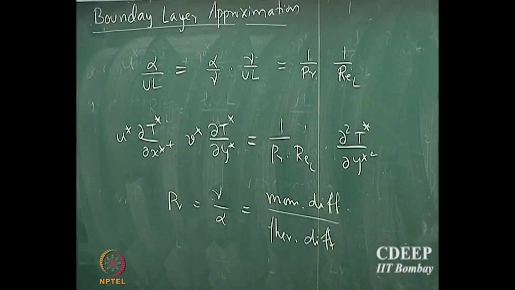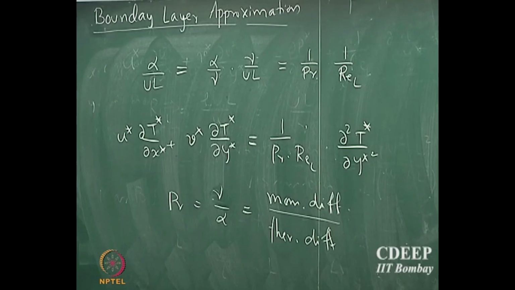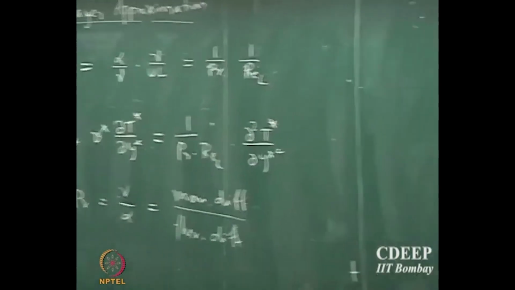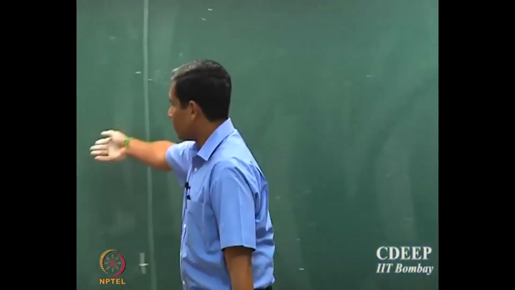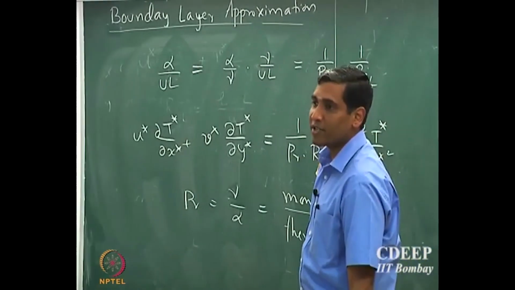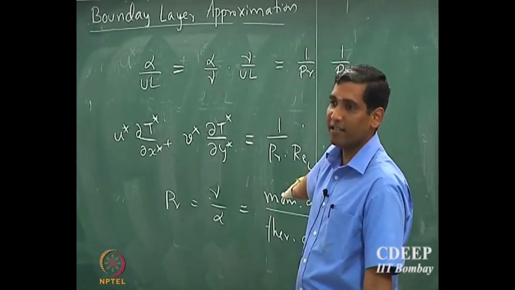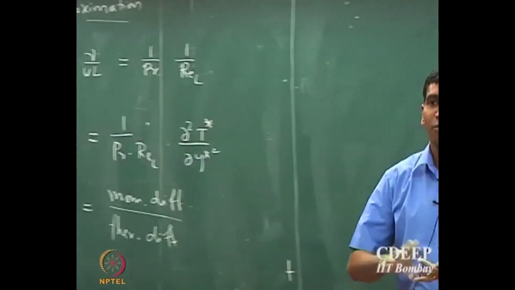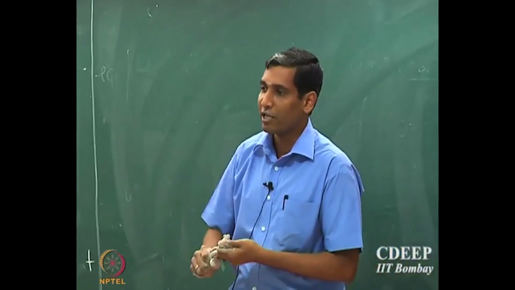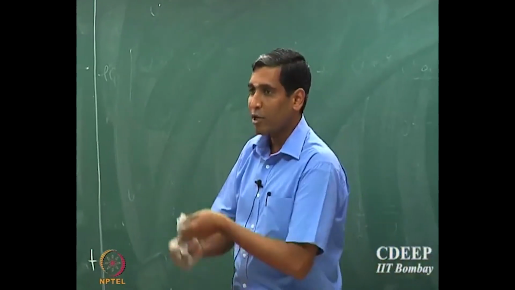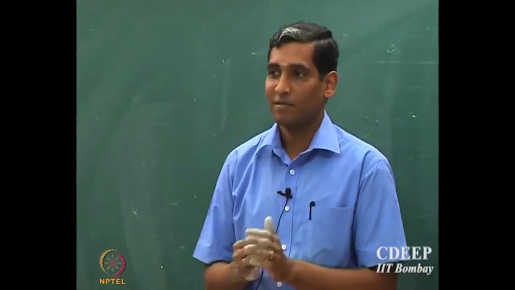What will be the mass balance? Non-dimensional form. Can we guess? I want to do the same non-dimensionalization for mass balance also, right. You have done for the x and y component momentum balance, you have done for the energy balance, I want to do it for mass balance also.